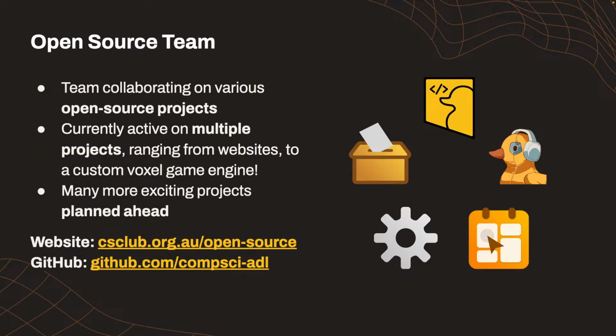If you want to learn more about the Computer Science Club open source team, we currently work on a bunch of different open source projects. For example, the CS Club website, a Discord bot, a timetable website, and also a voxel game engine. And we have a bunch more exciting projects planned ahead. There are links to our website and GitHub page there.